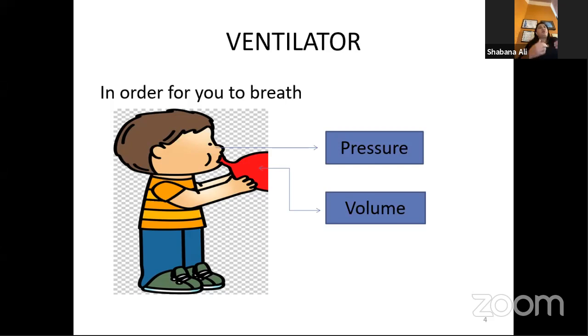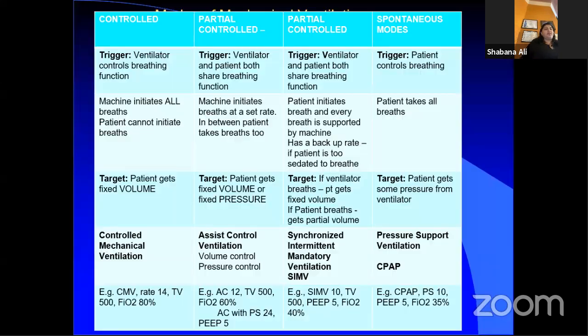Or they do it, but the pressure is so low that the amount of air needed for the lungs to get perfused all the way down is low, the volume is low. So this is where the ventilator comes in, and it helps us either by compensating on pressure or by volume. Next slide.